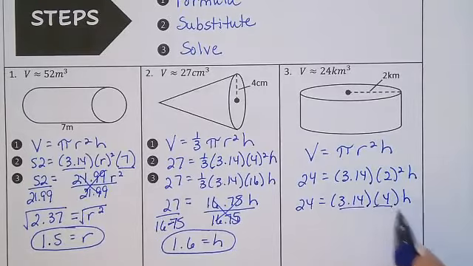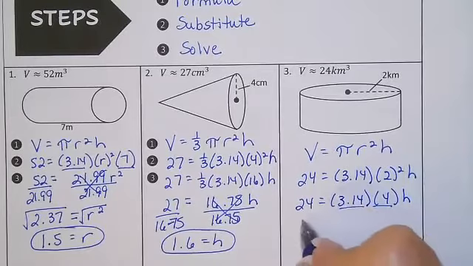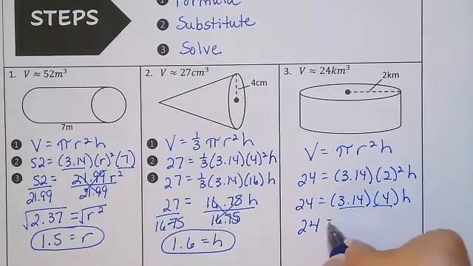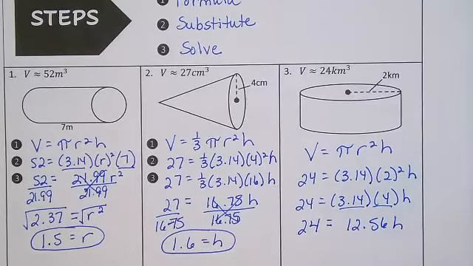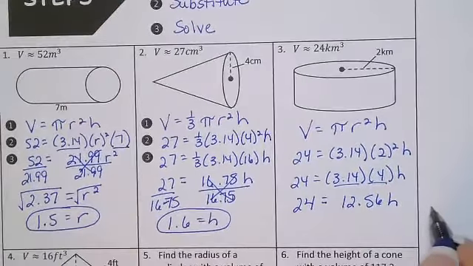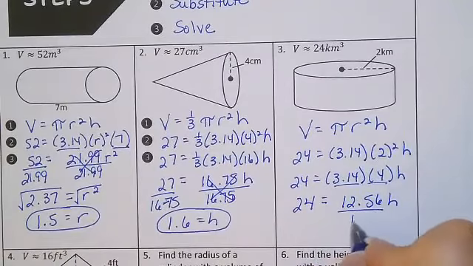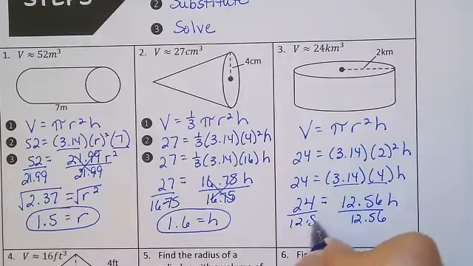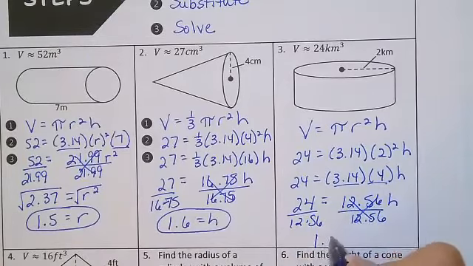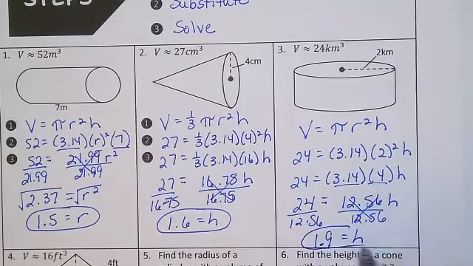And now I'm going to multiply these together. Okay, I need h by itself, so I'm going to divide both sides by 12.56. And that leaves 1.9. So my height is 1.9 kilometers.